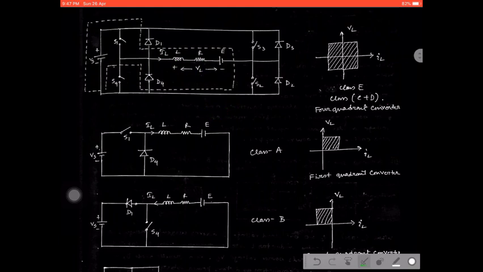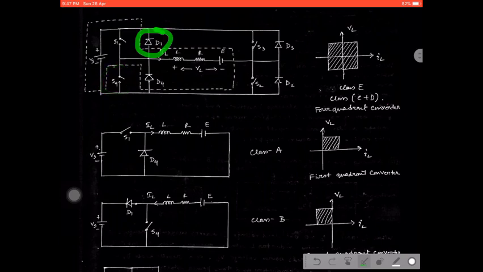So which parts are remaining? That is the S4 switch, right, and the D1 diode. First we took the S1 switch and D4 diode, and for the Class B chopper we have to take the S4 switch and D1 diode.